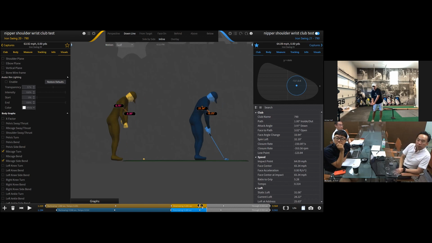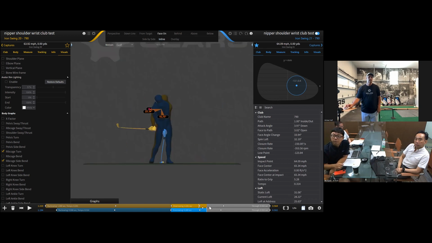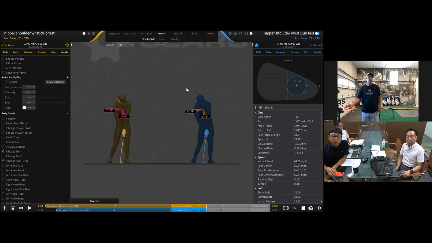And as you look from this way, we have too much side bend and not enough turn. Most amateurs, okay, go ahead. As I mentioned before, one of the common problems is that many people have too much side bend and can't turn.